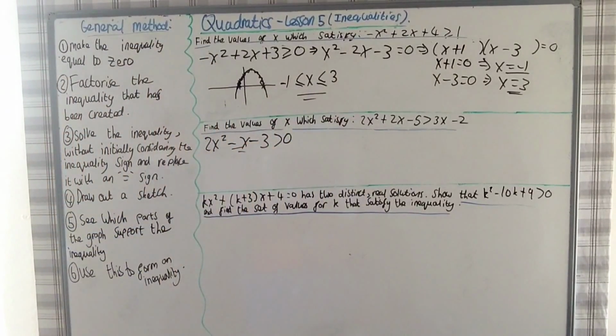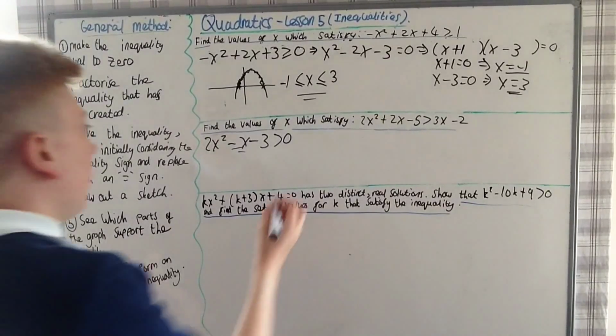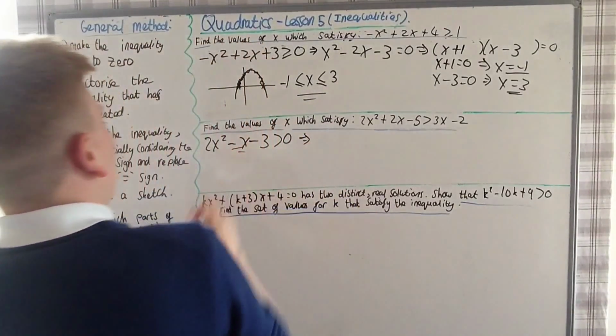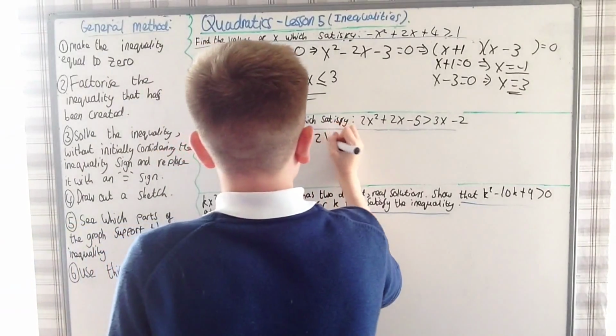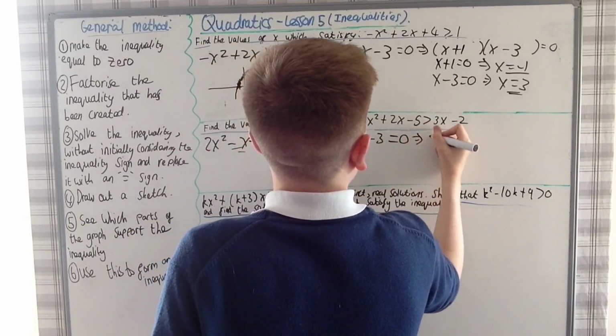Now we've got 0 on that side. So this is now a form that we can start to think about factorising. So we pretend that this is equal to 0. Okay? And now we can factorise this.